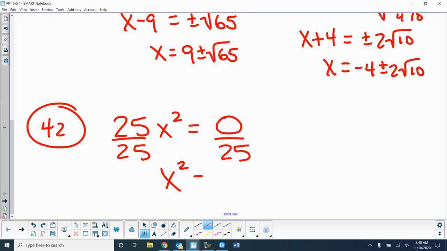Square root. What's the square root of 0? 0, right? Can I really say plus or minus 0? No. All right, it's just 0, right? So that one should have been an easy one for you. 44 is like that as well. Okay, negative 3x squared plus 6.